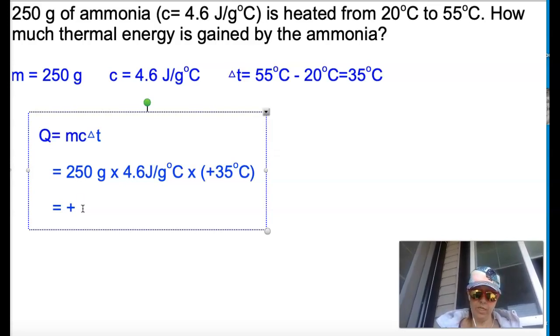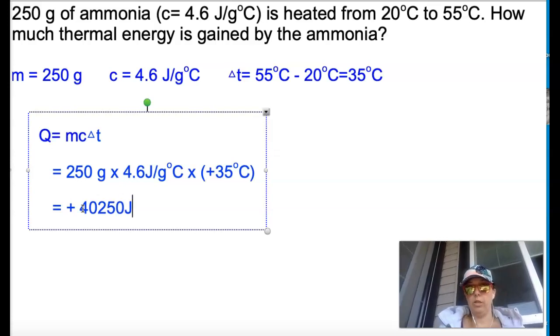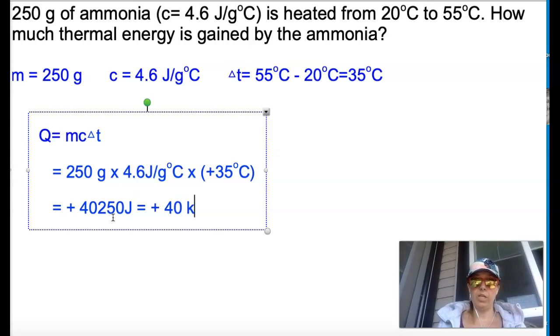So we're going to do 250 times 4.6 times 35. So we're going to get 40,250 joules. Okay, significant digit wise though, I'm only allowed 2. So 2 options. Either I can switch to scientific notation, or what I can do is put this in terms of kilojoules, right?